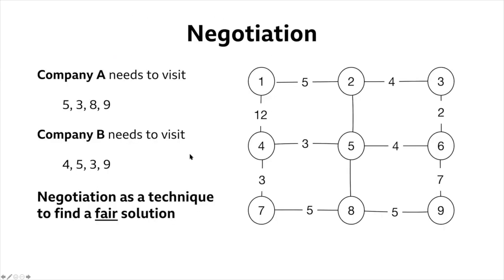So, for example, here, this is a set of tasks: visit location 5, visit 3, visit 8, and visit 9. The cost of that set of tasks would be the length of the shortest route starting here that includes all of these locations and returns back to this location.